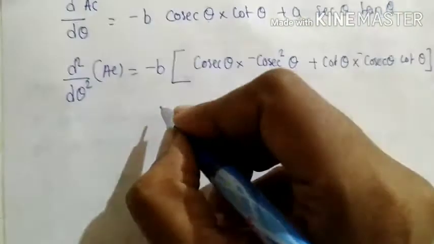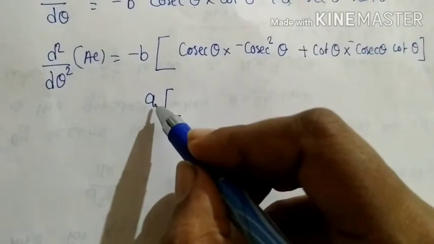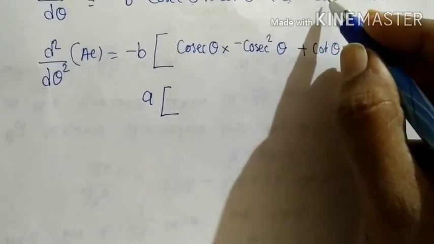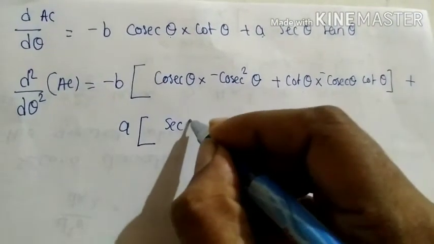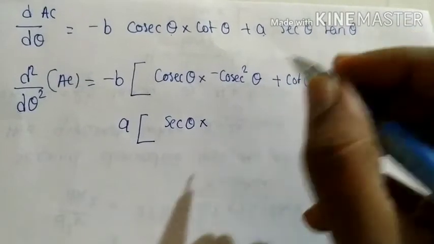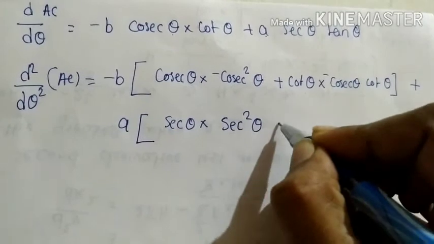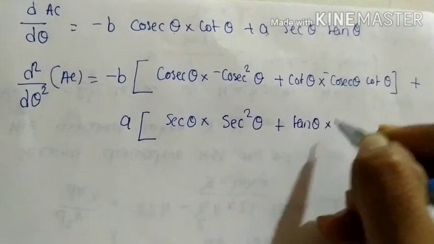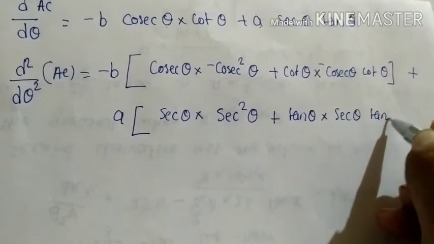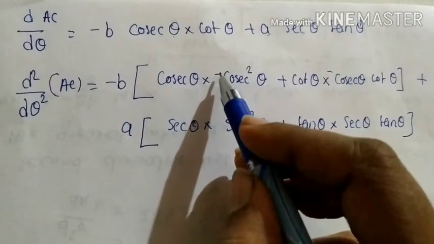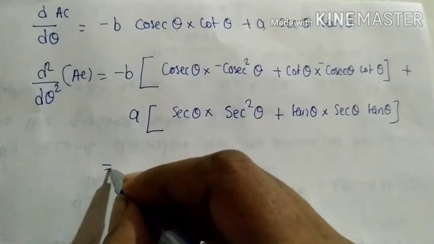Plus a is a constant, so I am taking this a outside the bracket, and sec theta tan theta, here also we use the product rule: first function into derivative of second function, that is, derivative of tan theta is sec square theta, plus second function into derivative of first function, derivative of sec theta is sec theta tan theta. Okay, here we can see that minus is common, taken outside. This minus and minus will become positive, right?